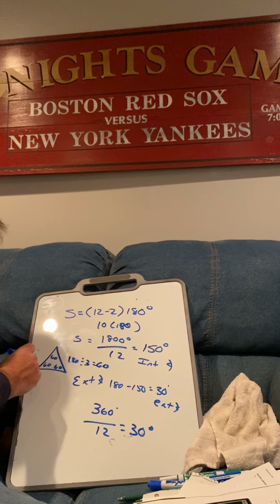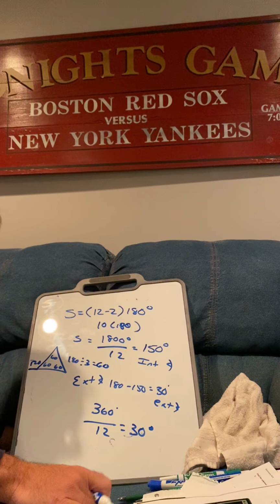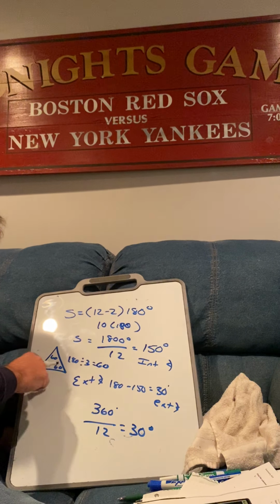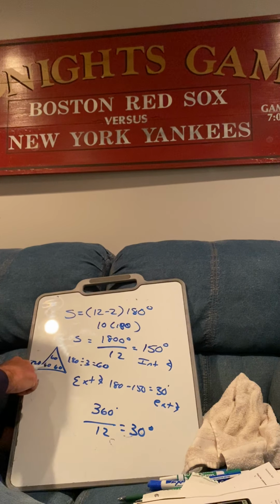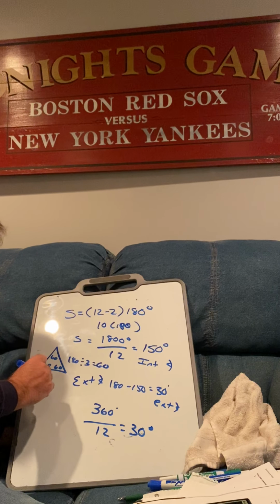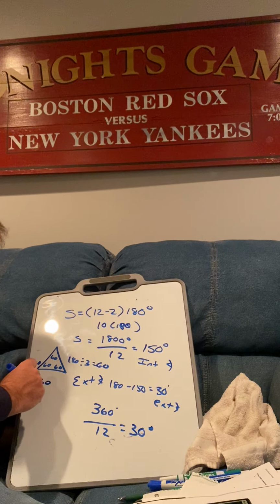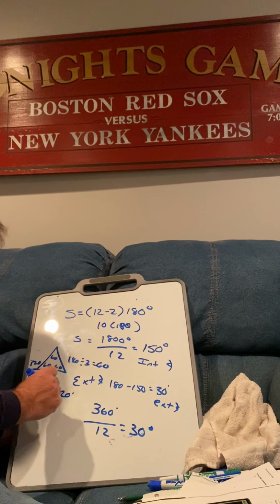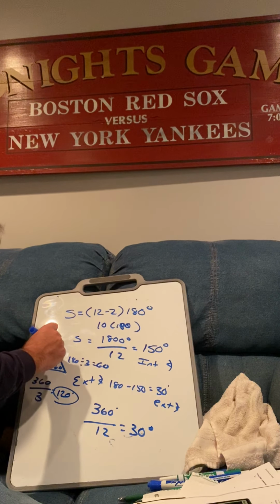Now, if I said to you, how do you find the exterior angle? Again, I could do 180 minus the 60 and get 120. Or, if the exterior angles always sum to 360, if I divide by 3, that's also how I end up with 120.